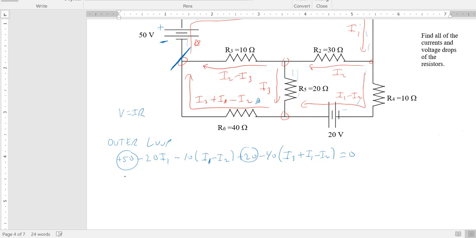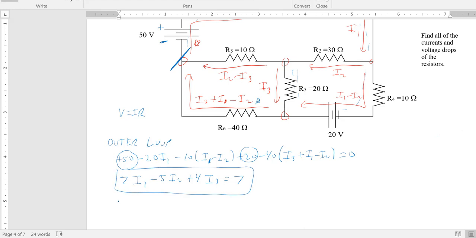If you do all that, you get the following. 7I1 minus 5I2 plus 4I3 equals 7. Okay, so that's algebraically equivalent to any other answer you might get. So that's the outer loop. So we got one of our three equations we need that has our three unknowns in it.